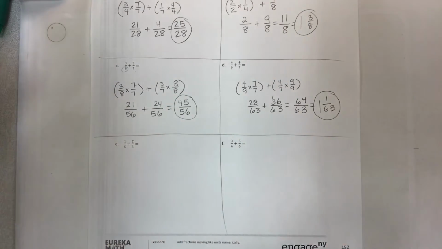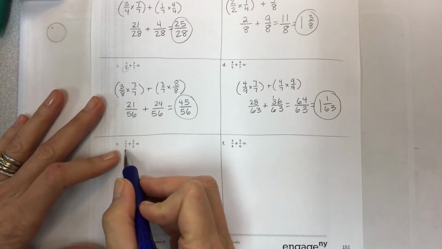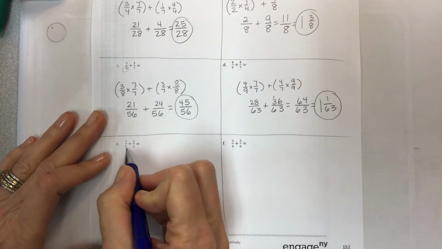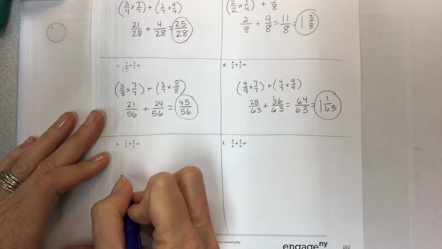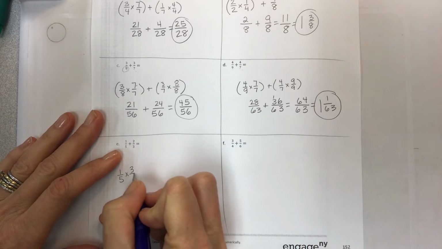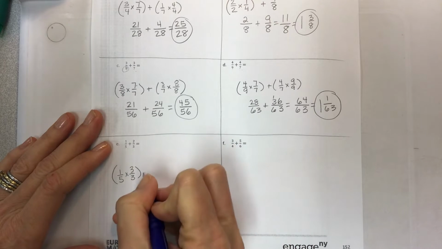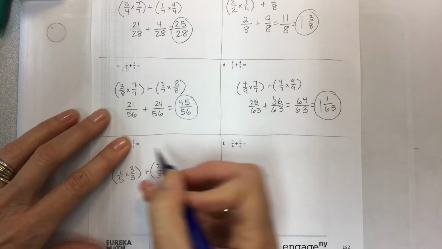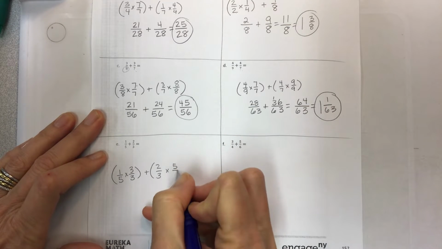Okay, 5 and 3. Well, that's pretty low, and we don't have anything lower than 15 that is a common denominator. So we're going to use each of these as the scale factor. So I have 1/5 times 3/3. That's my scale factor. Plus 2/3, the next one, times 5/5.